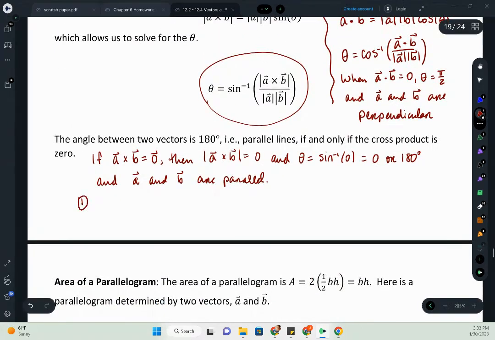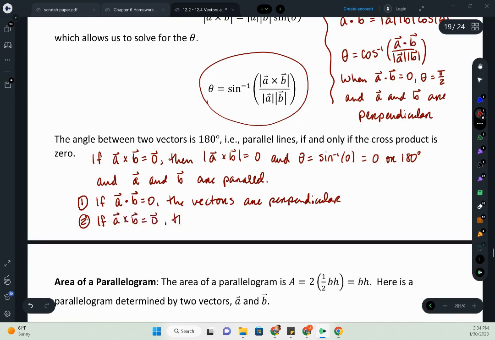So 1, if A dot B equals 0, the vectors are perpendicular. And 2, if A cross B is the 0 vector, the vectors are parallel.